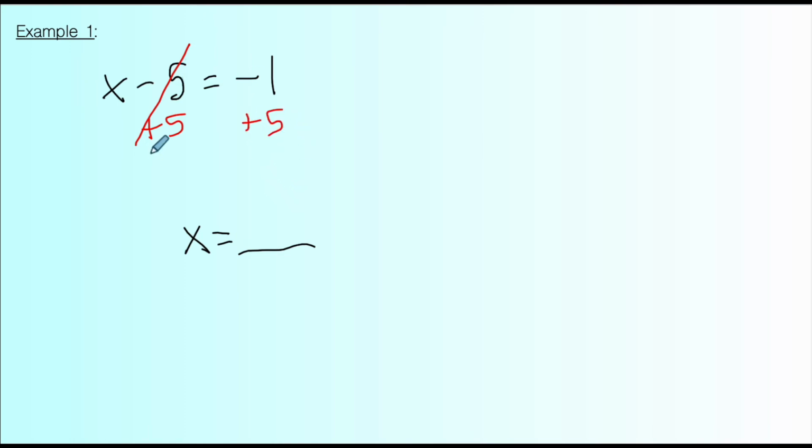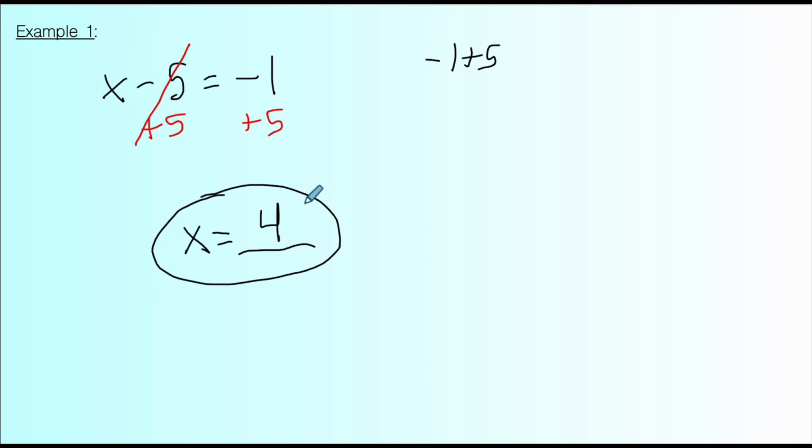So I've gotten rid of this. Now I'm down to x equals, and now the only work I need to do is what is negative 1 plus 5, because that's what we're doing on the right side of the equation. Negative 1 plus 5 is 4, and that is my solution. And the beauty of problems like these is you don't need anyone to tell you if you're right.